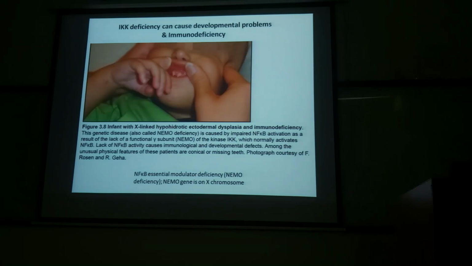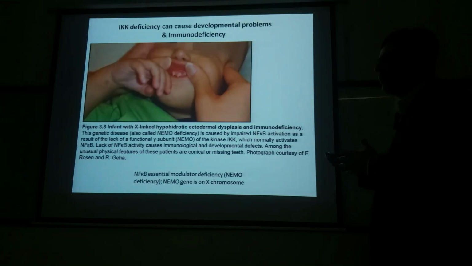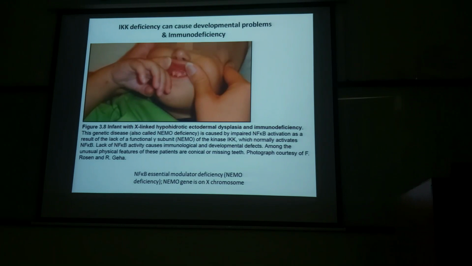So why is it actually happening? This disease is caused by impaired NF-kappa beta activation as a result of the lack of a functional gamma subunit of the kinase IKK. The inhibitor kinase that we talked about in the last slide, which is going to release NF-kappa beta.